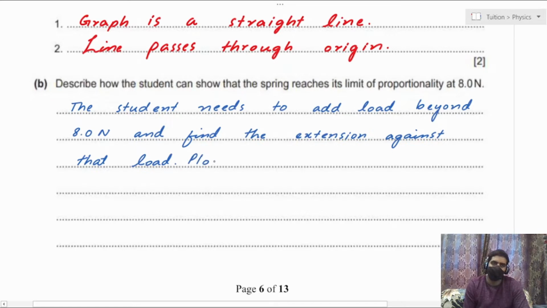Plot the points on the graph and join the points freehand, because in that case it would be a curve.